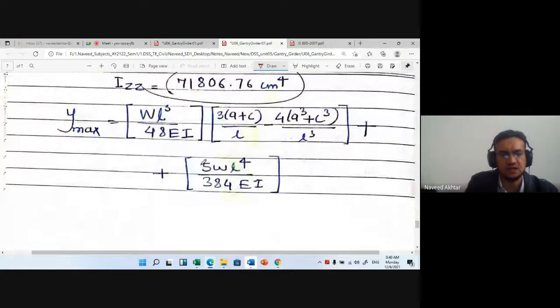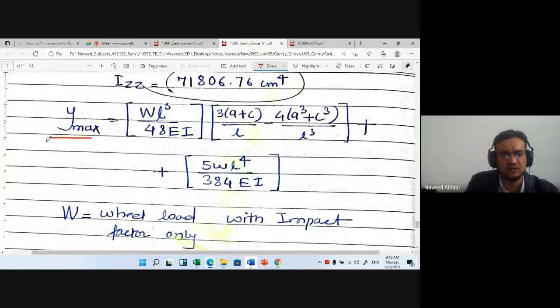Okay, now to calculate the Ymax for 3-point loading, in the steel table this deflection equation is given. So this is the steel table, so there the deflection limit is given for 3-point loading, and if not given, you can remember this: WL cube by 48 EI, in bracket 3 into A plus C, L minus 4 in bracket A cube plus C cube divided by L cube.